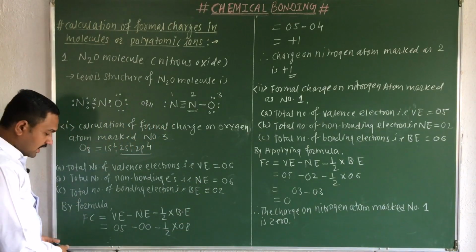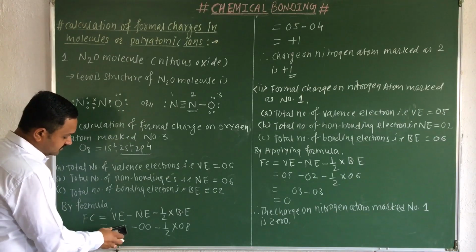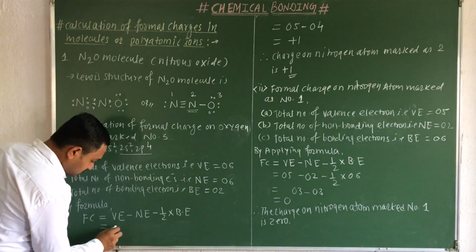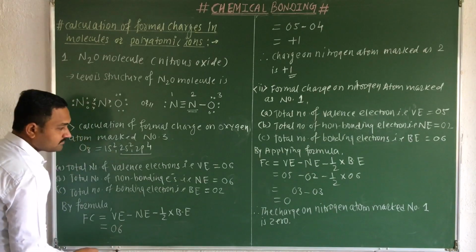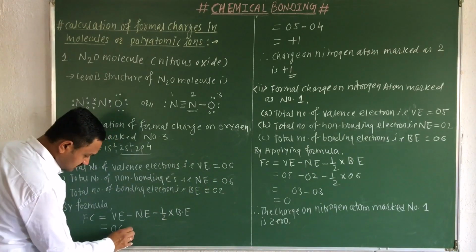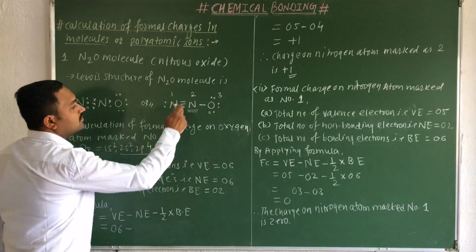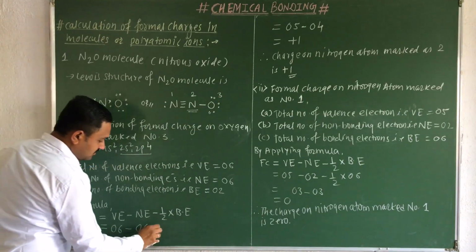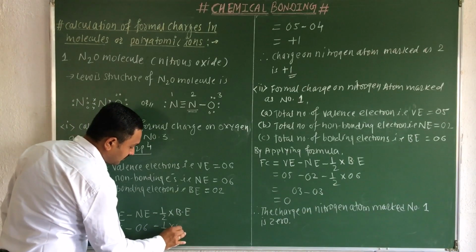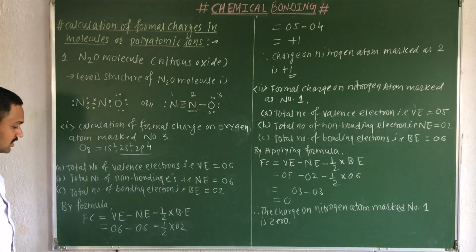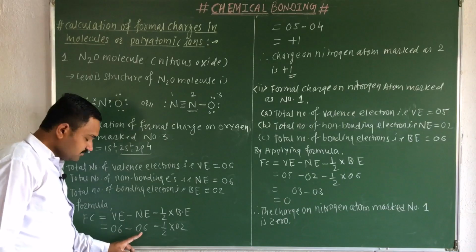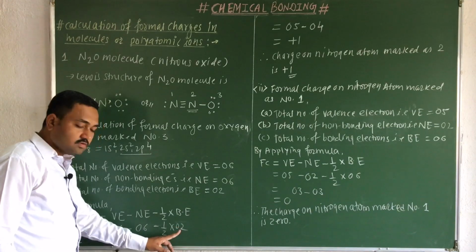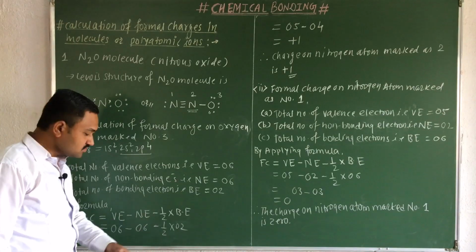And again apply this formula and find out the answer. You already have the values. So the value of Ve, that is valence electrons, equals to 6, minus non-bonding electrons, there are 6 non-bonding electrons, minus 1 by 2 into bonding electrons equals to 2. Therefore 6 minus 6 will be 0, and 2 divided by 2 will be equals to 1.